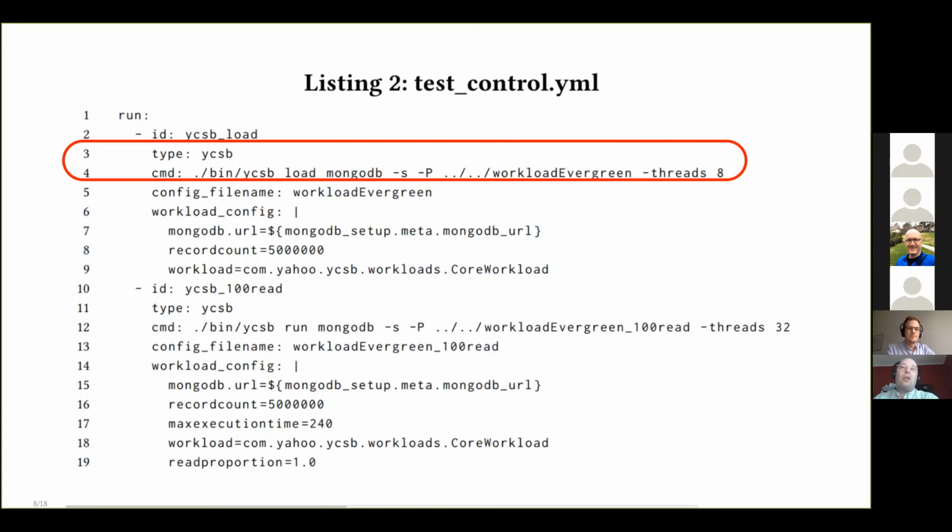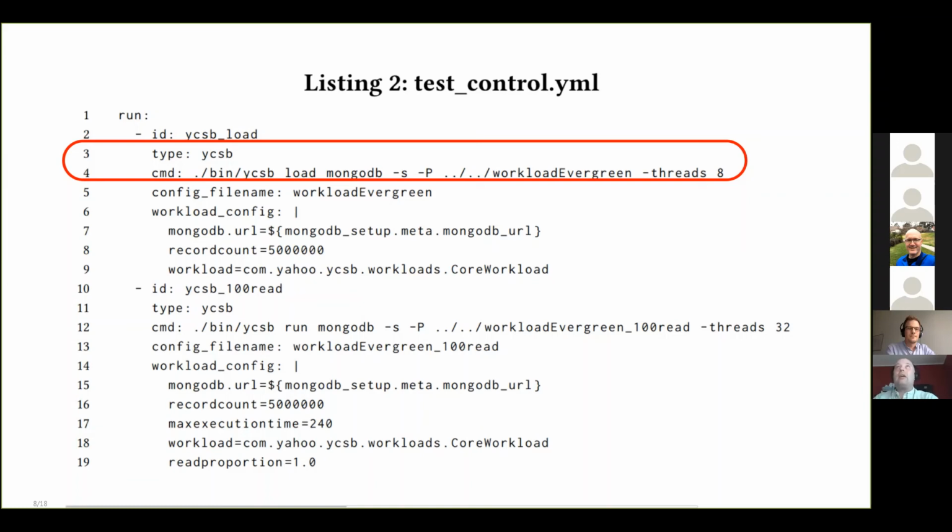The type on line 3 is not very important, but for these standard benchmarks that we support, when I use YCSB as the type, then earlier the workload setup knows which dependencies need to be installed. But you could, of course, just provide your own workload setup file if you don't want to do that.